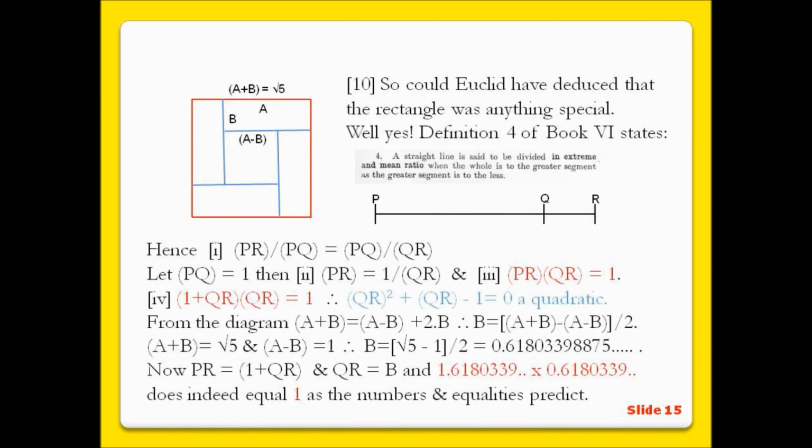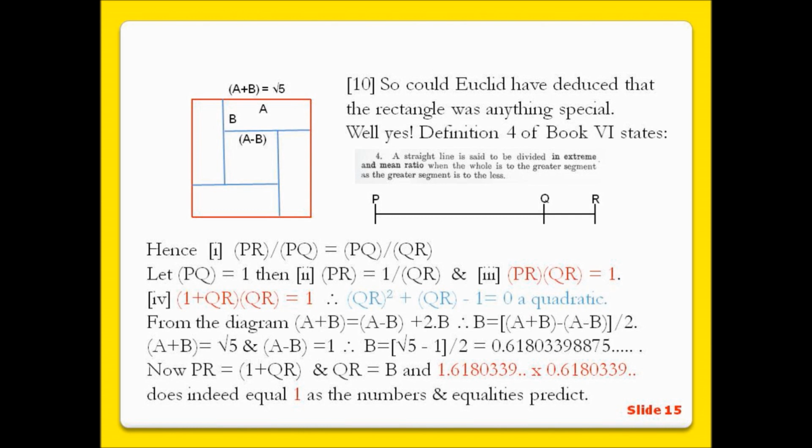So could Euclid have deduced that the rectangle was anything special? Well, yes. Definition 4 of Book 6 of his Elements states, a straight line is said to be divided in extreme and mean ratio when the whole is to the greater segment as the greater segment is to the less. Hence 1. PR divided by PQ is equal to PQ divided by QR.